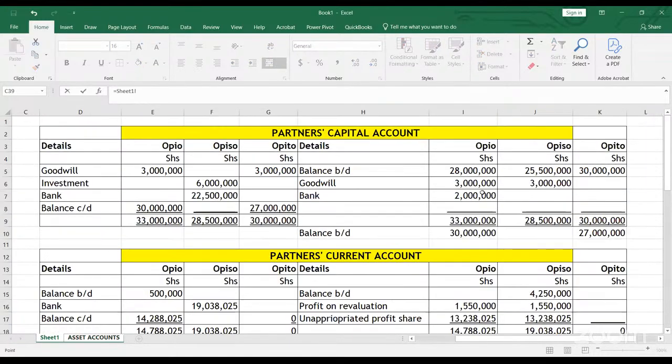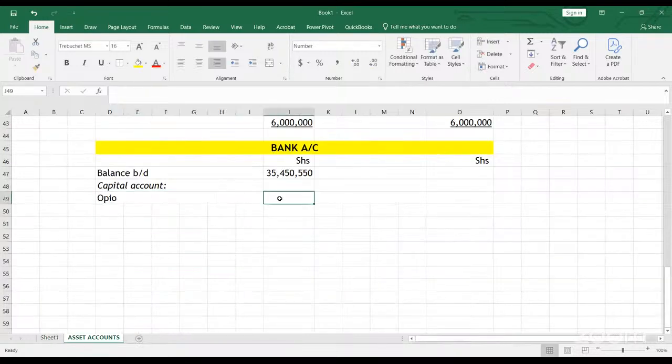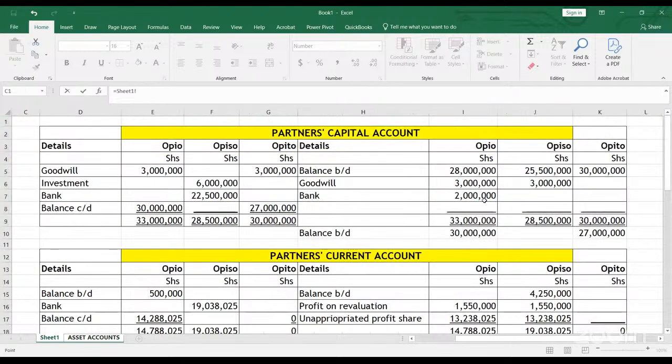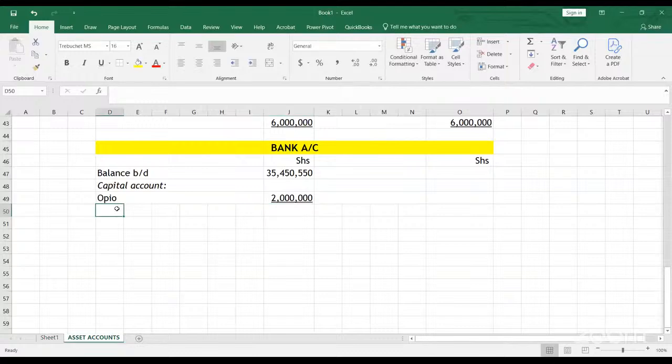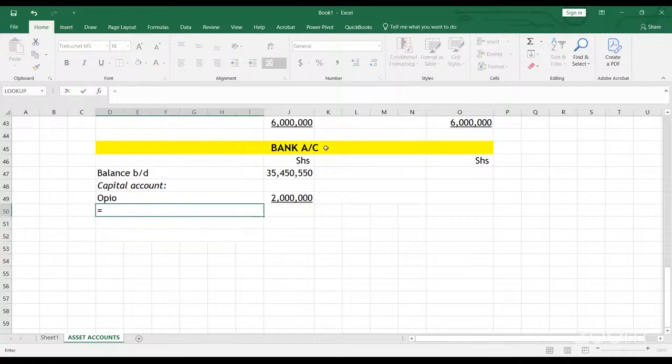Opio contributed some. Then who else contributed?